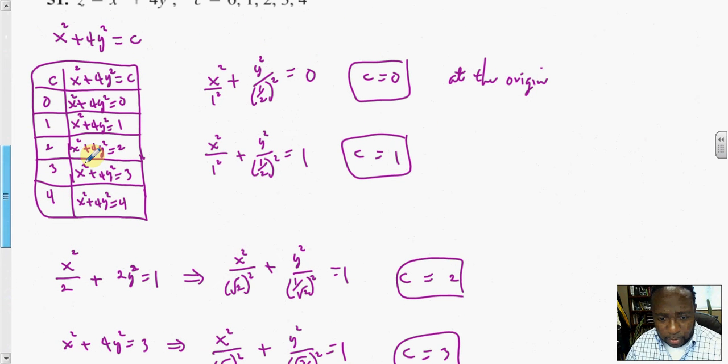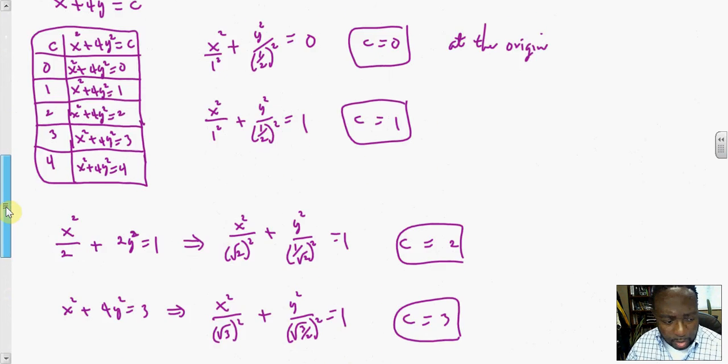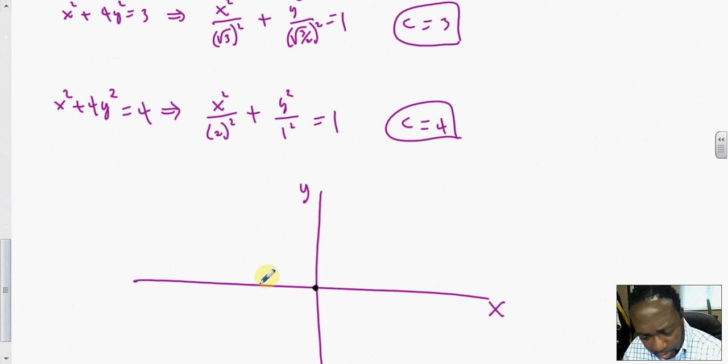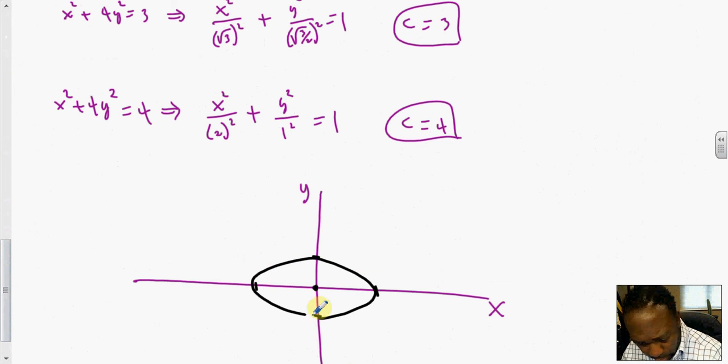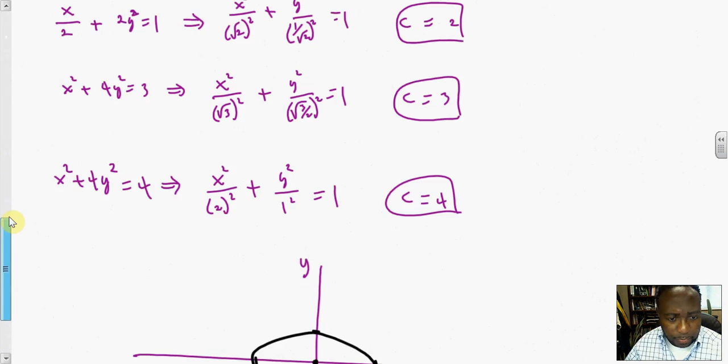And then for the next one, x plus or minus 1, y is plus or minus 1/2. So this is 1 plus or minus 1. I have an ellipse there.